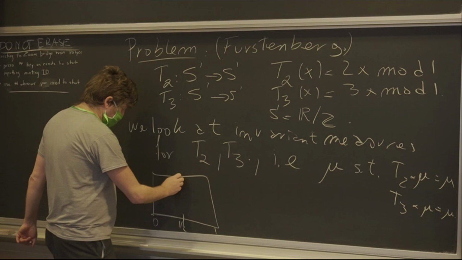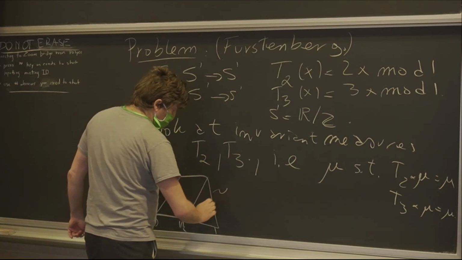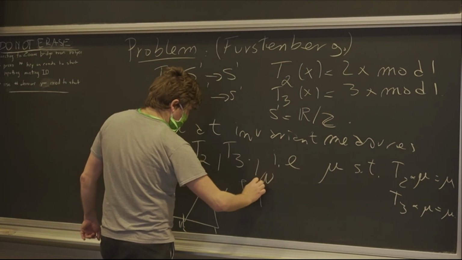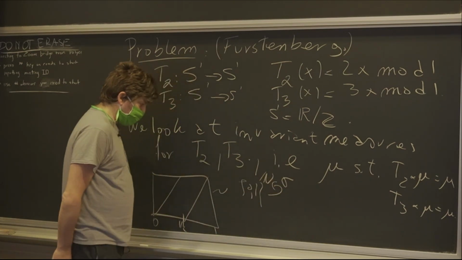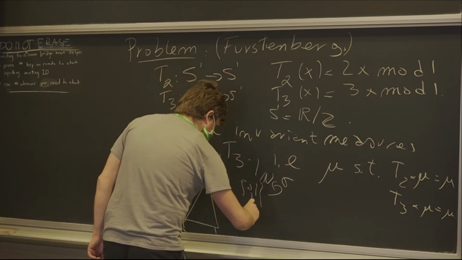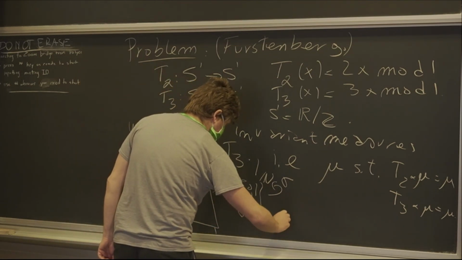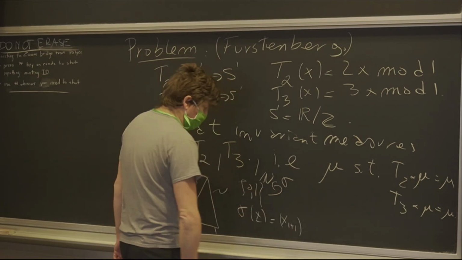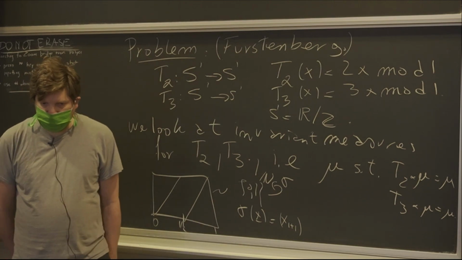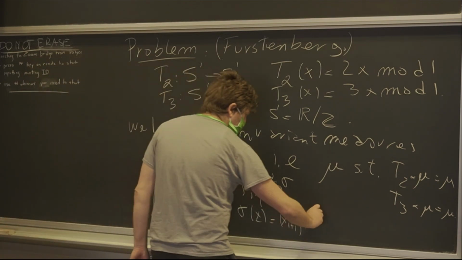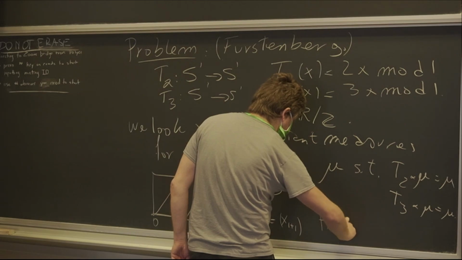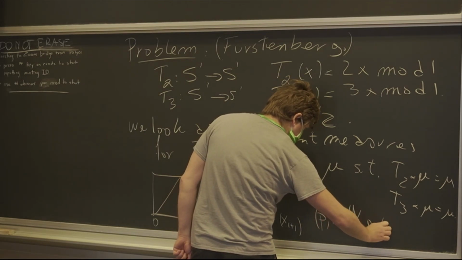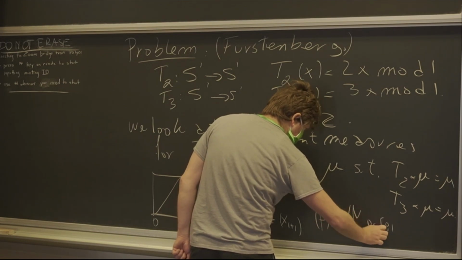And the dynamics of times 2 is equivalent to the shift on two symbols, which is the coin flipping machine, and you have all the measures.